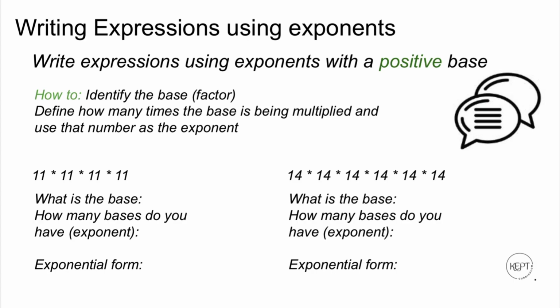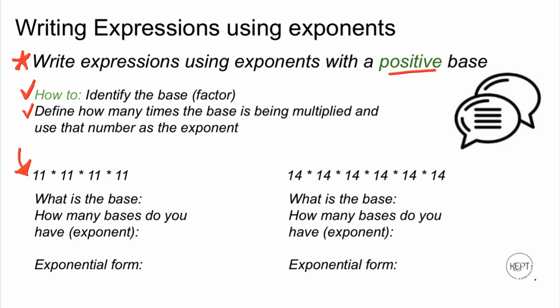Expressions using exponents. We're going to practice writing expressions using exponents that have a positive base. The first thing we want to do for these problems is to identify the base, which is our factor, define how many times the base is being multiplied, and to use that number as the exponent. So here, in this first problem, what is the base?